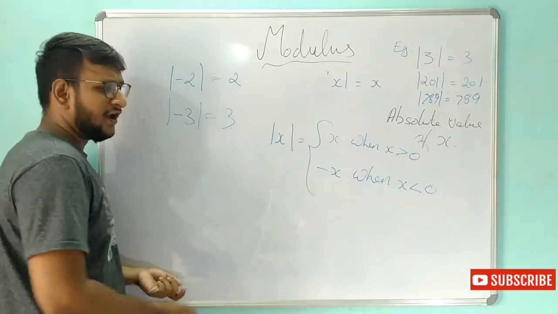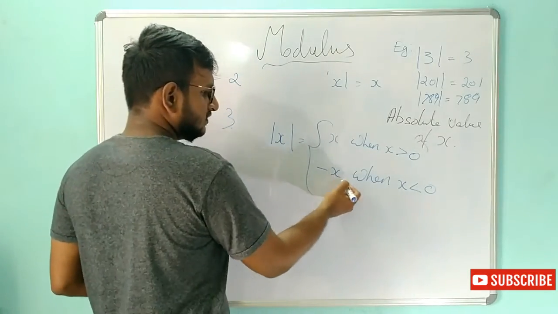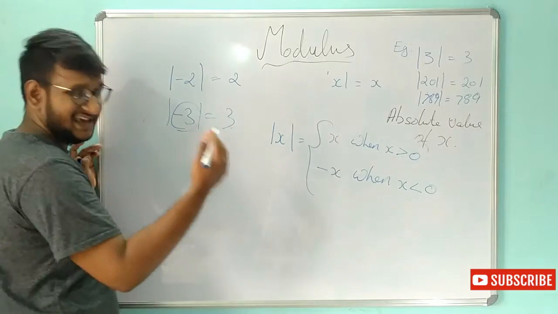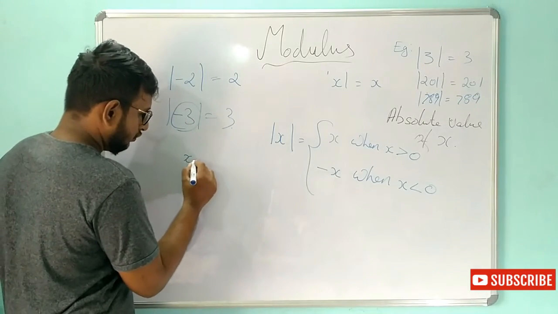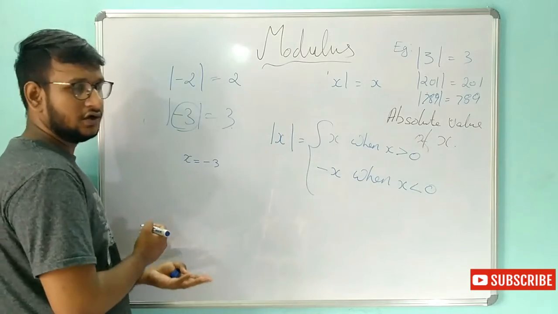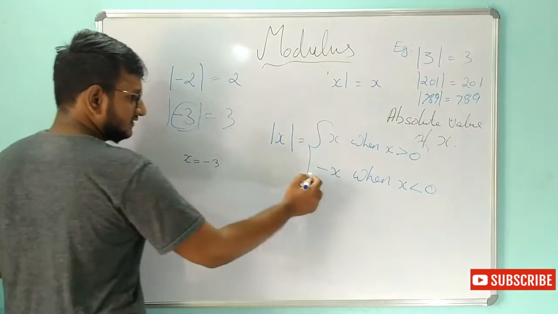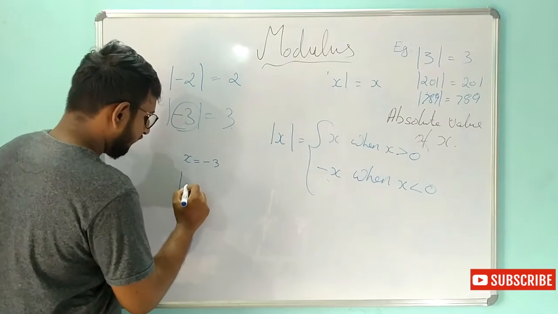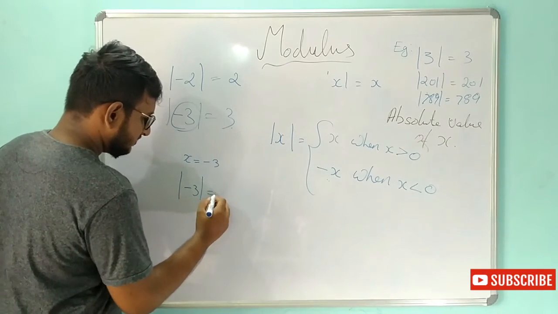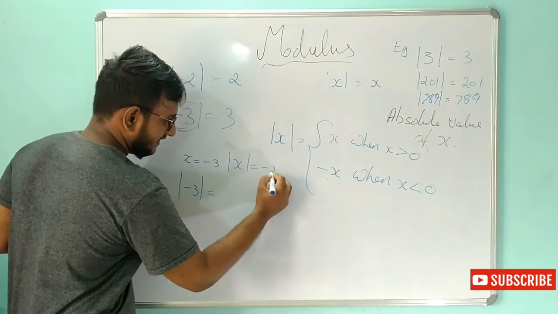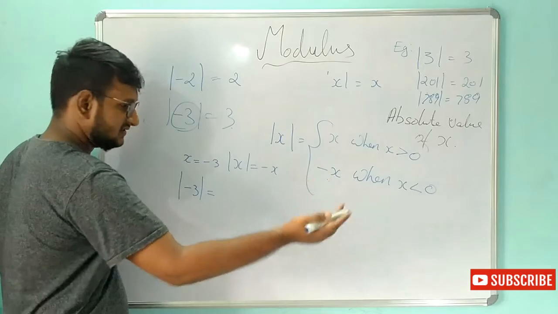Why am I using minus x when x is lesser than 0? If you take minus 3 as x, so x is equal to minus 3, which is obviously lesser than 0. If you apply this concept, what will be the mod of minus 3? Mod of x is equal to minus x when x is lesser than 0.